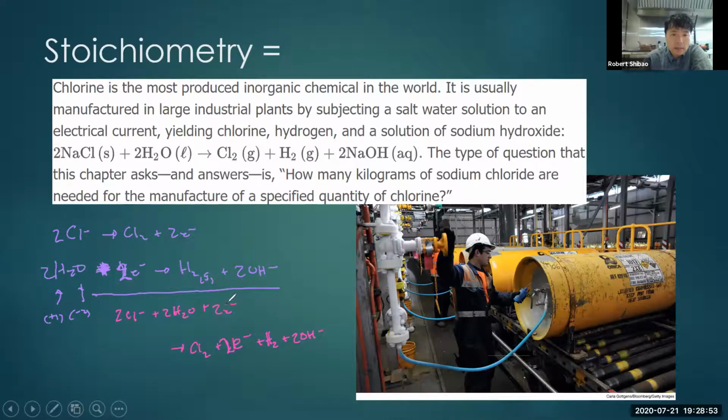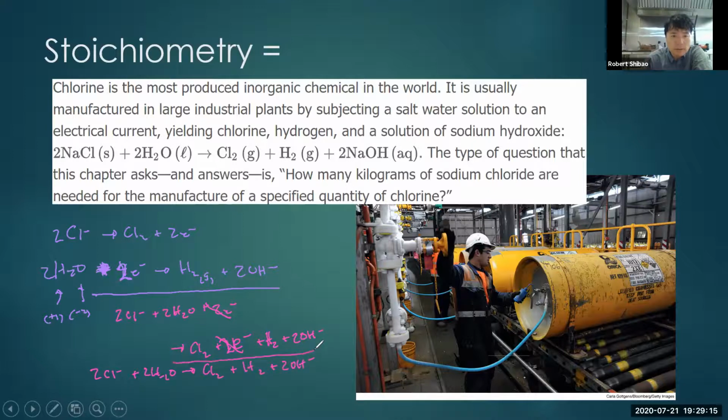And so here the 2 electrons cancel, and we're going to be left with 2 chlorides plus 2 waters yields chlorine plus hydrogen plus 2 hydroxides. That's what we're going to be left with.